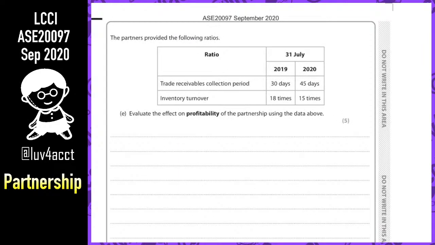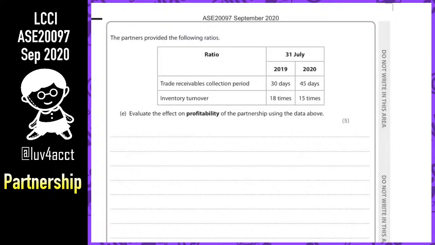Next, we have to write about the profitability of the partnership. Okay, you gave me other ratios but not the profitability ratios, but then I have to evaluate.